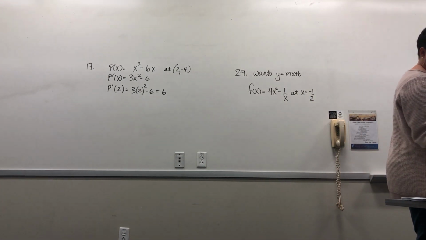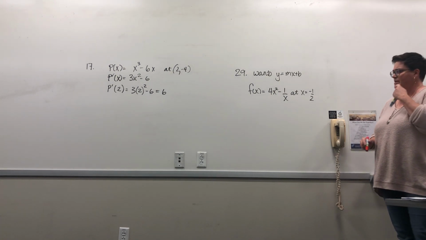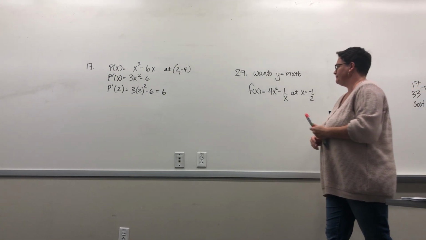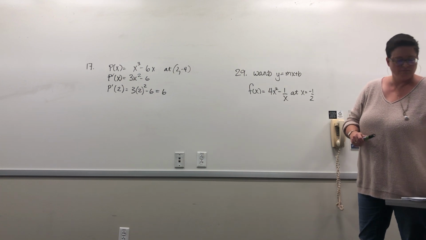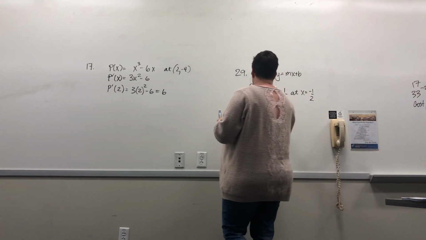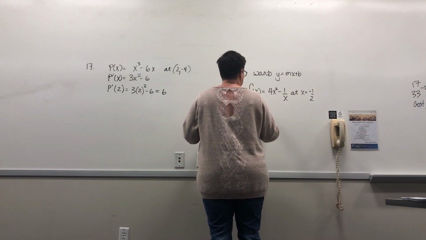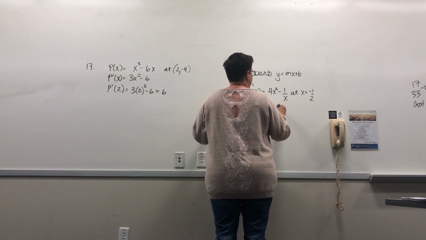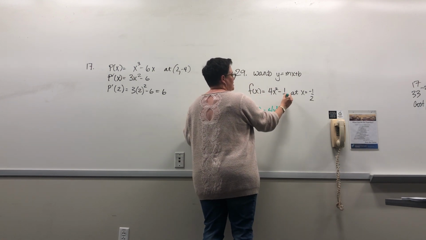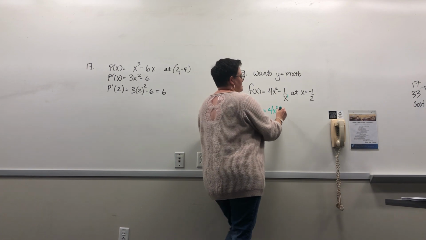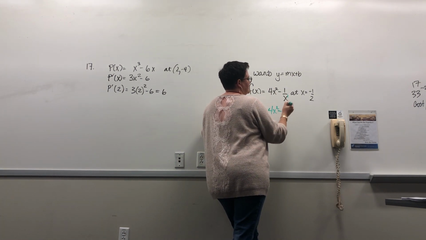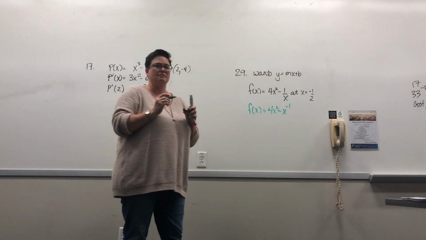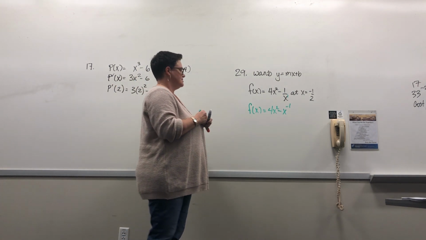How do I make it pretty? How do I rewrite it? Well, 4x squared is definitely in the right format. But if I bring this up, this becomes negative x to the negative 1. You guys with me? It's really nasty, isn't it?